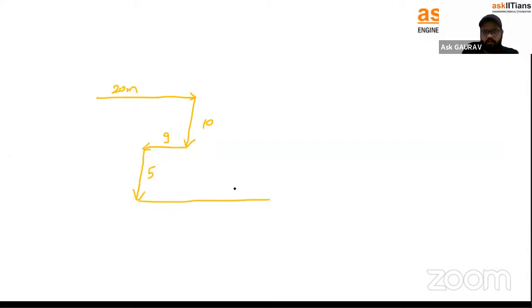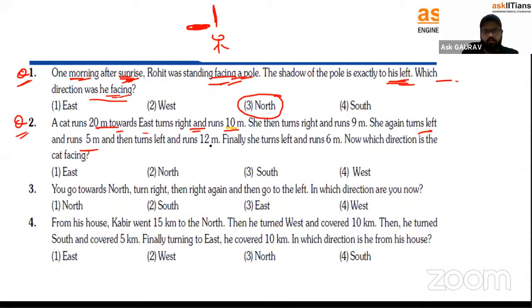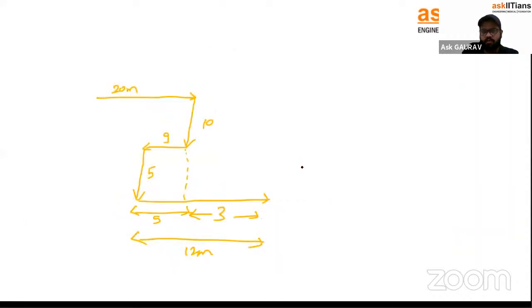So this is 9, it means this whole is 12. Finally, she turns left and runs 6 meters. So you will reach here.